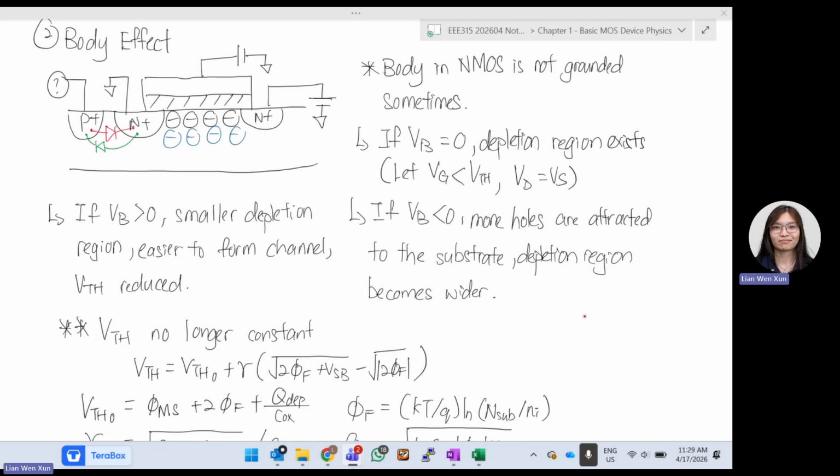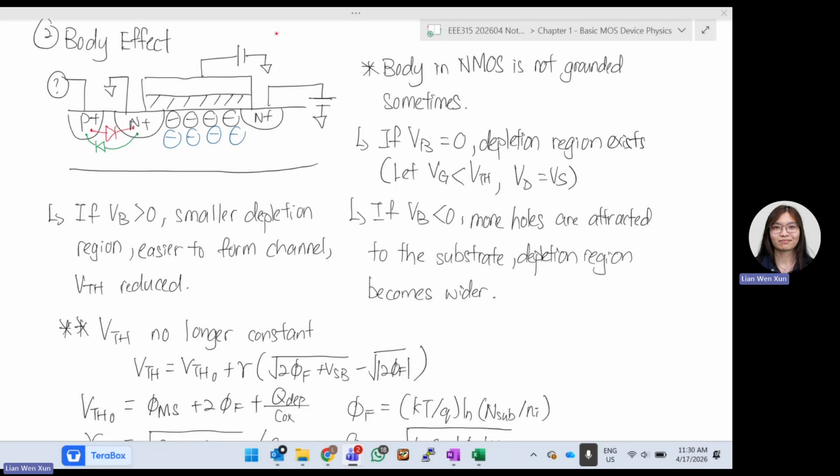This is your P now, this is your N now. Now if your body is 0, and here I didn't attach anything, so basically both are ideal. So this is also 0, let's say. This is your source, and this is your drain.